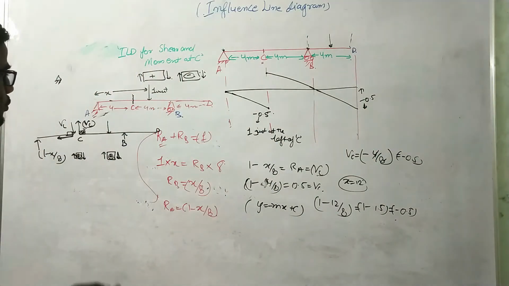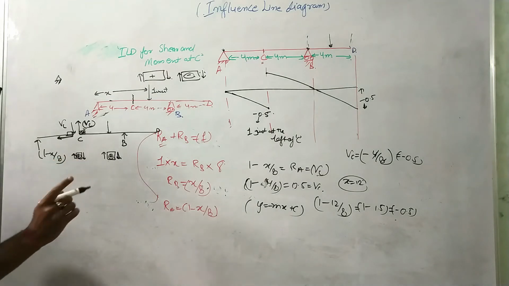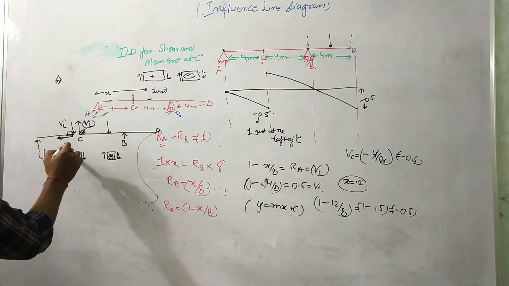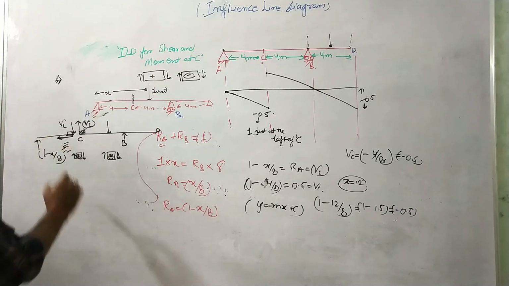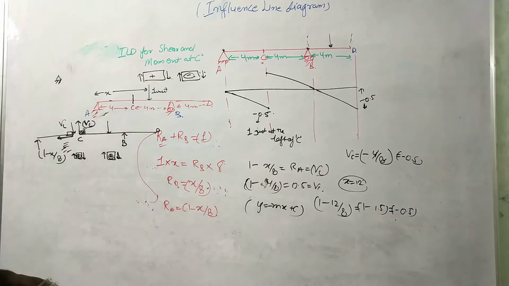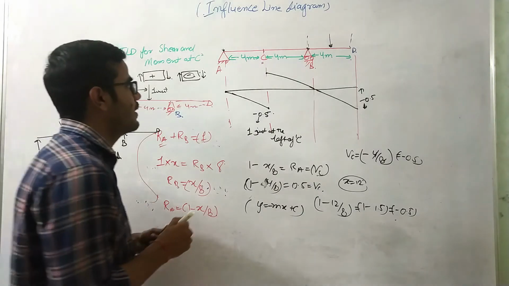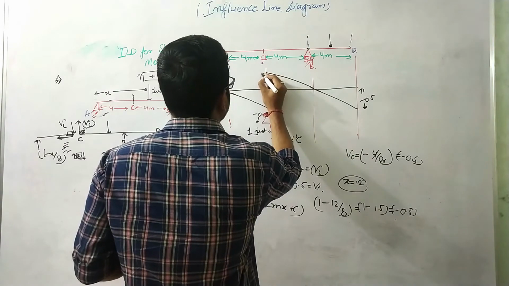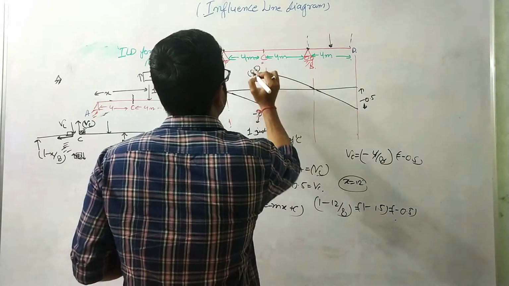Okay, so you need to consider which shear force we are taking as positive and which as negative. You can see this over here, right? So this is basically our shear force diagram. This is 0.5, and here also it is 0.5, right?